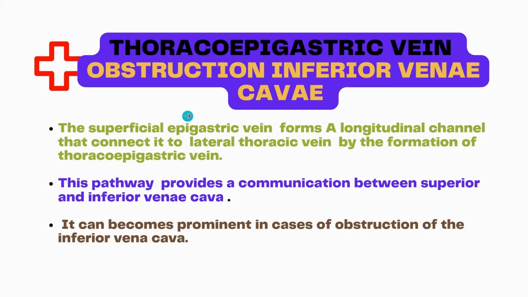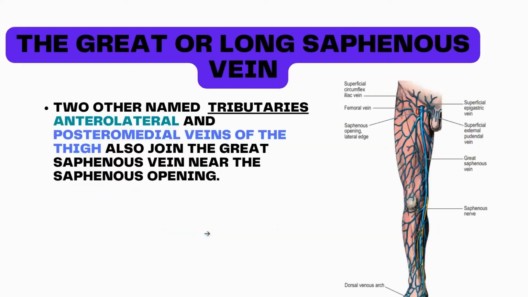One of the tributaries of the great saphenous vein, the superficial epigastric vein, forms a longitudinal channel that connects to the lateral thoracic vein by the formation of the thoracoepigastric vein. So the superficial epigastric vein and the lateral thoracic vein are connected to each other by this thoracoepigastric vein. This pathway provides a communication between the superior vena cava and the inferior vena cava, and it becomes prominent in cases of obstruction of the inferior vena cava.